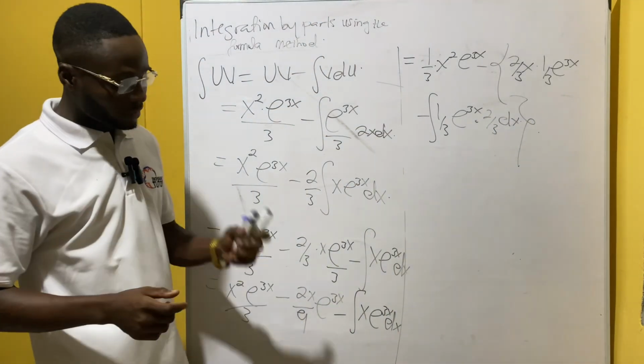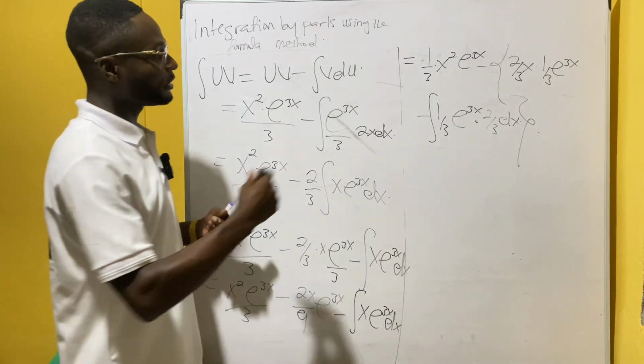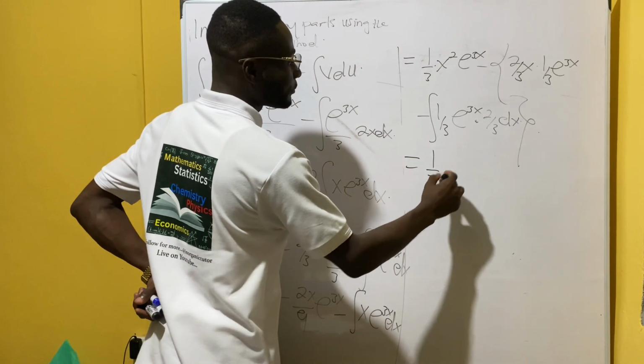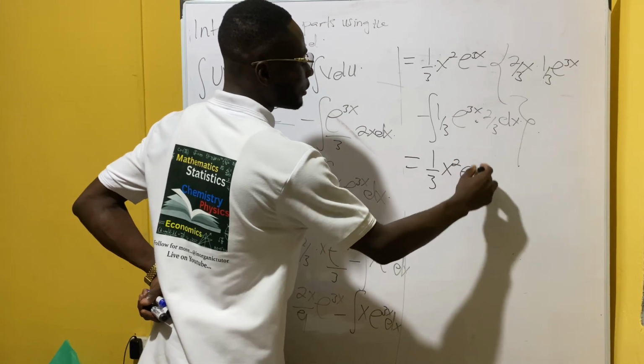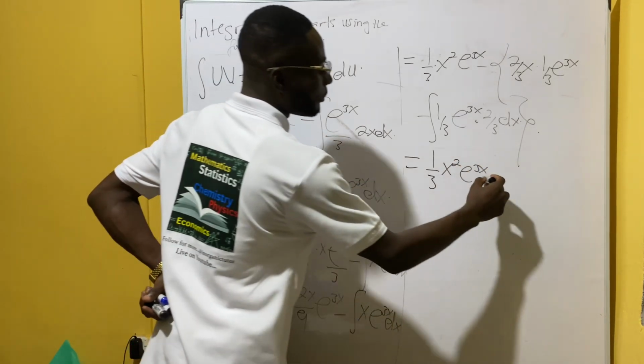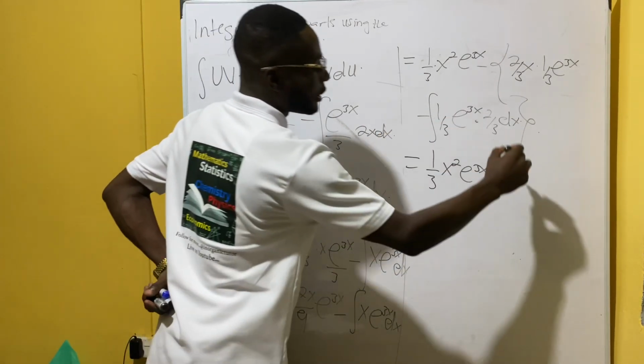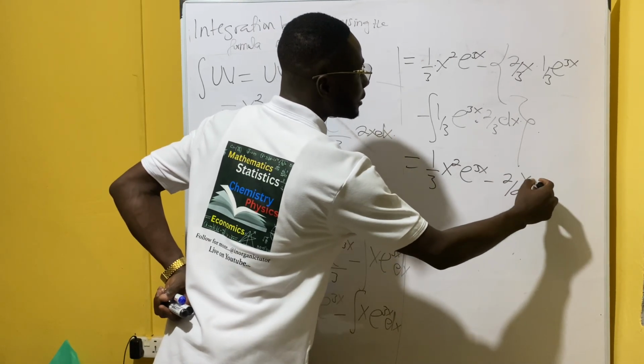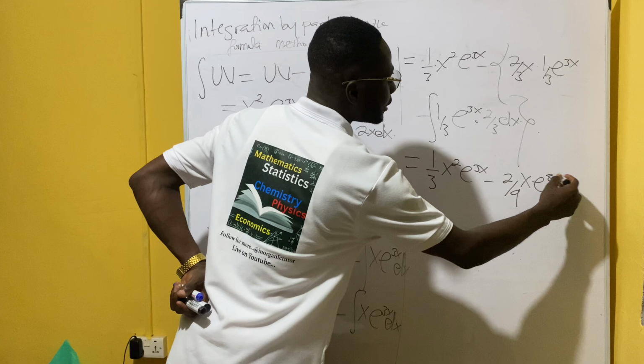When we do this very well, we are going to have 1 on 3 x squared e power 3x minus 2 on 9 x e power 3x.